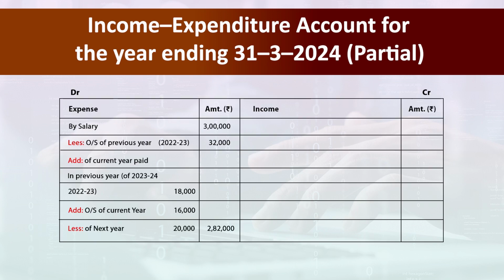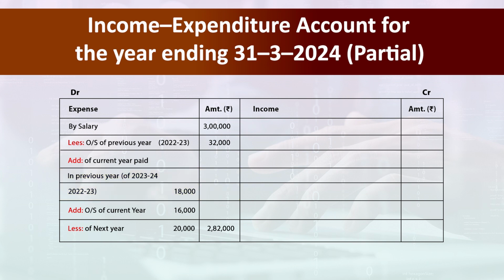On the expenses side, the first entry is salary of rupees 3 lakh. From it, we would be deducting outstanding of the previous year of rupees 32,000. In it, we would be adding the current year salary paid in the previous year, 22/23, rupees 18,000.